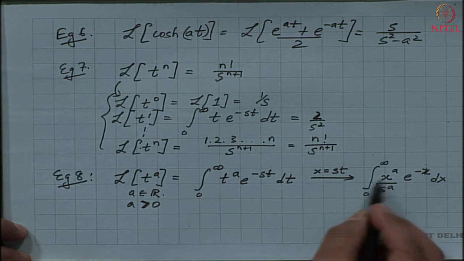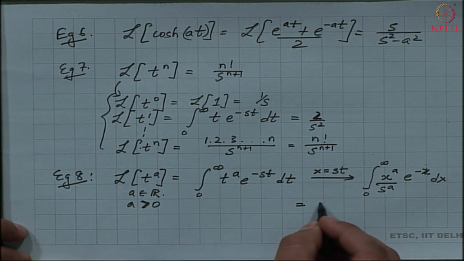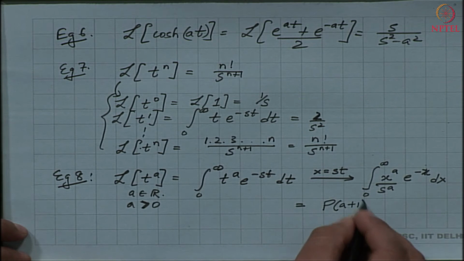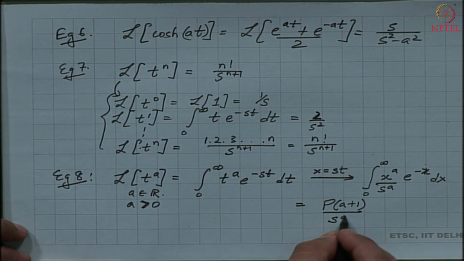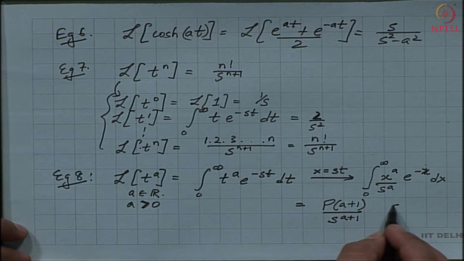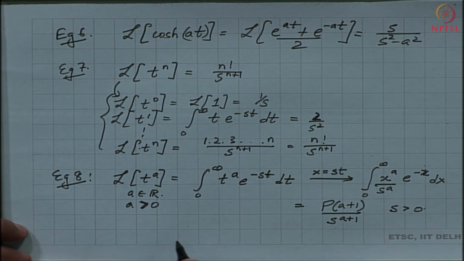And then I can see that this integral reduces to gamma of a plus 1 divided by s to the power a plus 1, where I have assumed that s is positive as well.